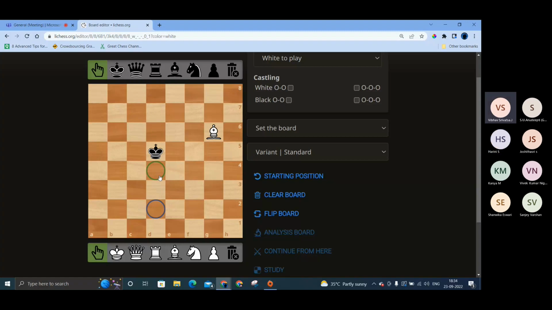Two pieces. What are they? Name them. Black king. Then what else is there? White bishop.